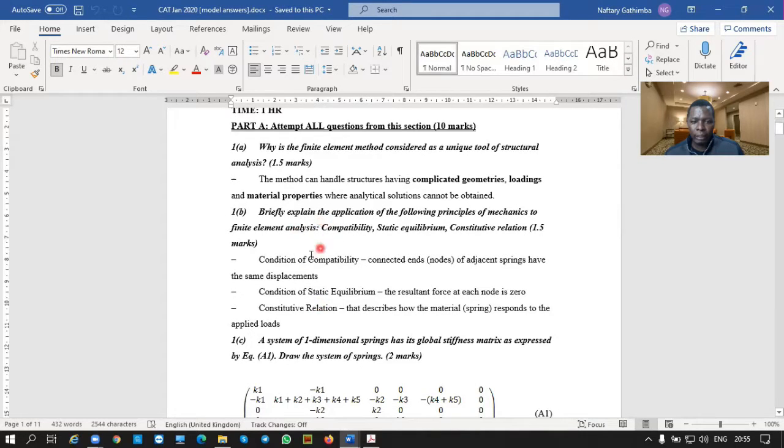So yeah, like this is what I'm saying: compatibility, connected nodes of adjacent elements suppose they have the same displacement because they remain connected. Static equilibrium, the resultant forces at each node is equal to 0, so it remains in equilibrium. Constitutive relation, of course, is material, how the material responds to applied loads.